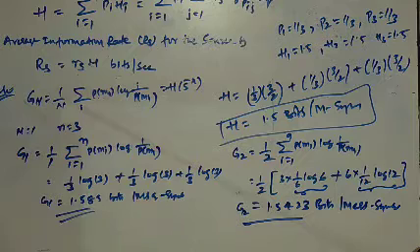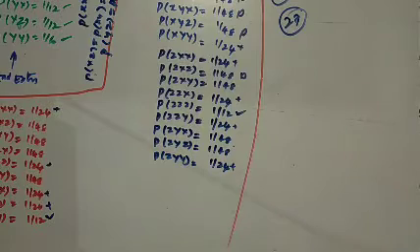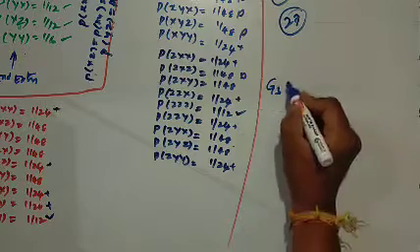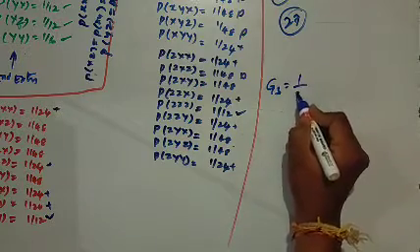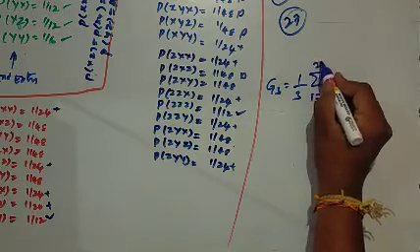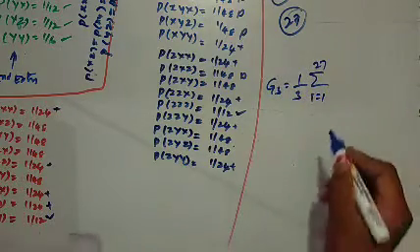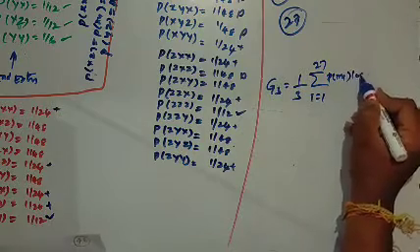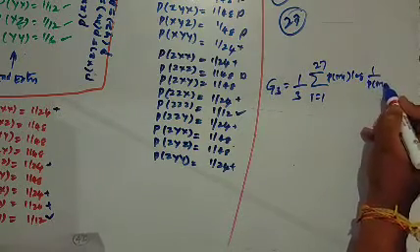What is G1? 1.585. G2 is 1.5423. Now the G3 formula: G3 is equal to 1 by 3 summation i equal to 1 to 27 of P of Mi log 1 upon P of Mi.